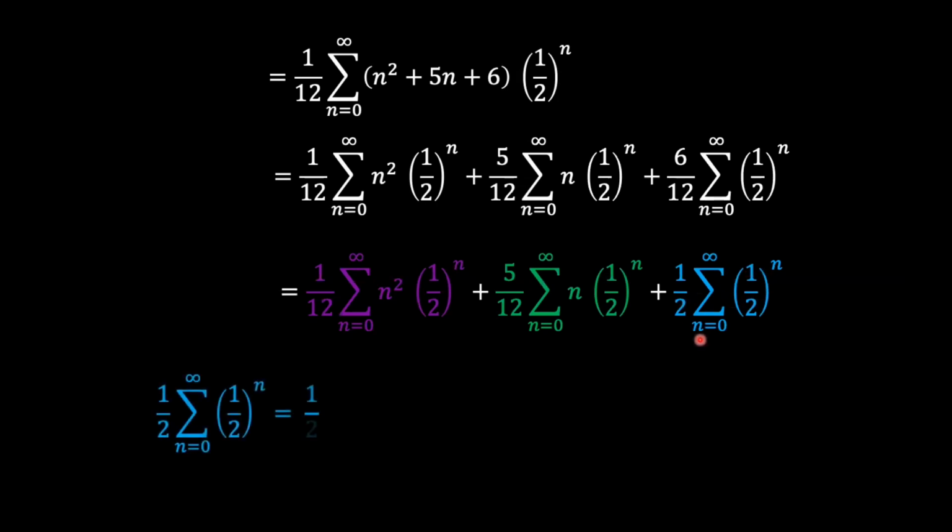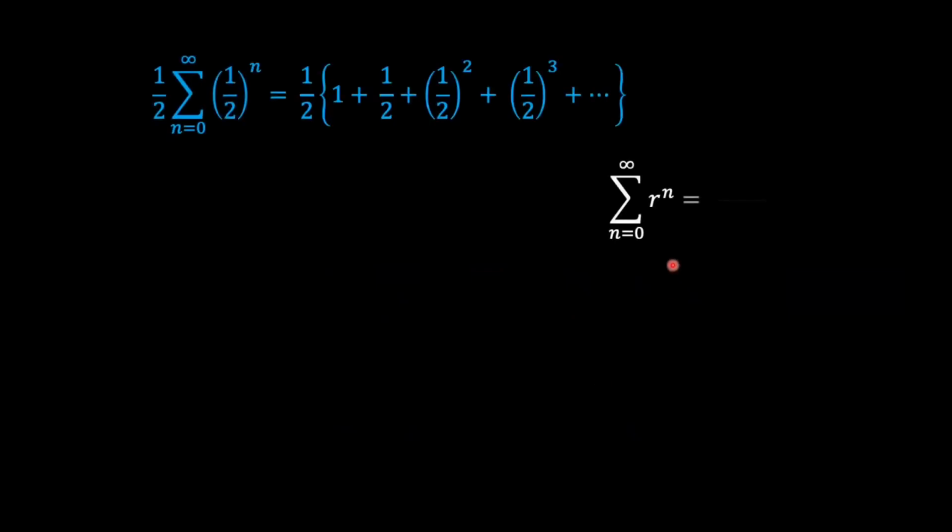So beginning with the simpler summation, half times the summation of half to the power n from n equals 0 to infinity. This is a typical geometric progression problem. And so we have 1 plus half plus half squared plus half to the power 3, and so on. And since we know that the summation of r to the power n from n equals 0 to infinity, where r is our common ratio, is 1 over 1 minus that common ratio r.